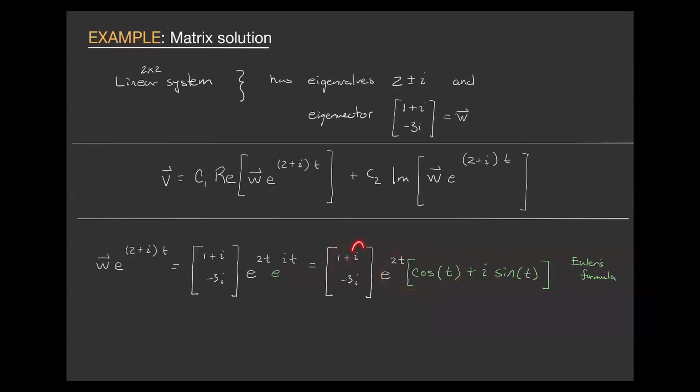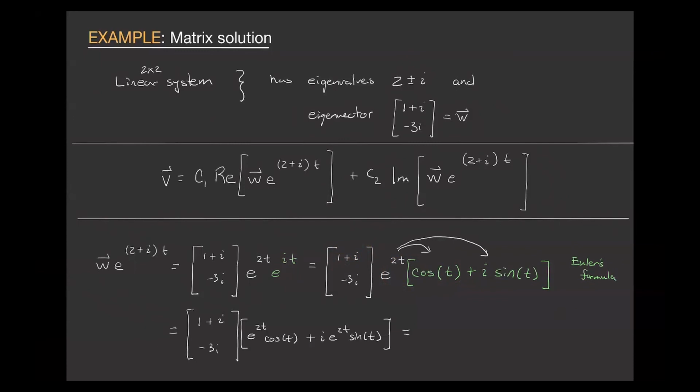Then there's an imaginary part here that gets multiplied by this real part, and so on. There are going to be 4 terms that we essentially get. If it helps, we could also write it this way. Maybe I'll do this. So we have 1 plus i, negative 3i, and I'll just distribute this e to the 2t. So maybe that will help to digest it a little more.